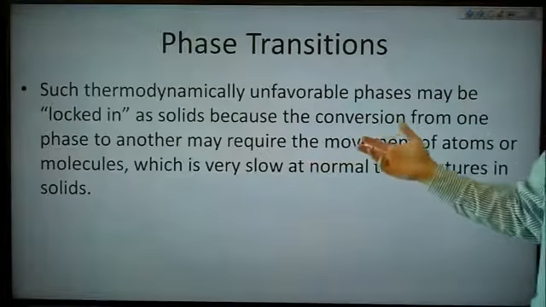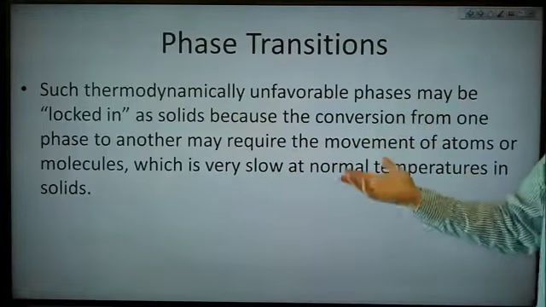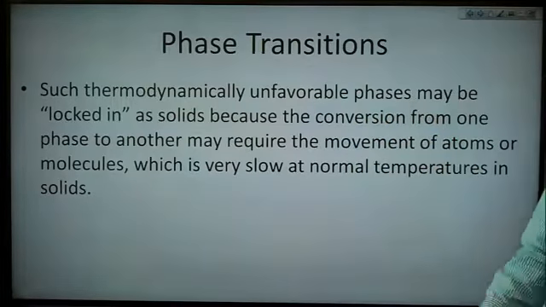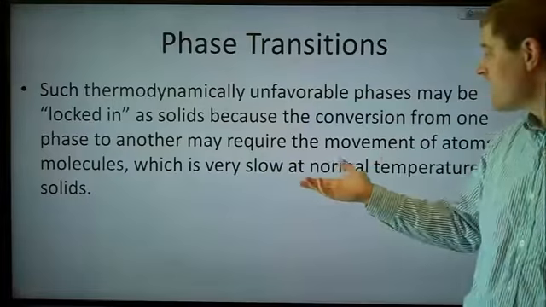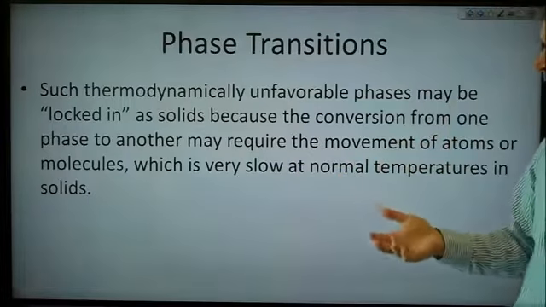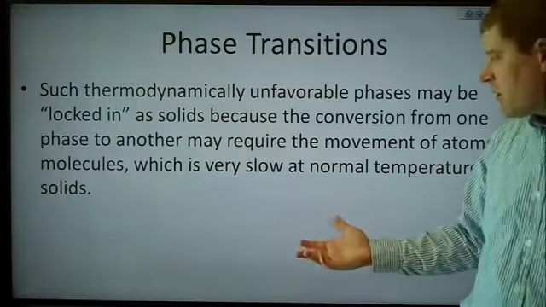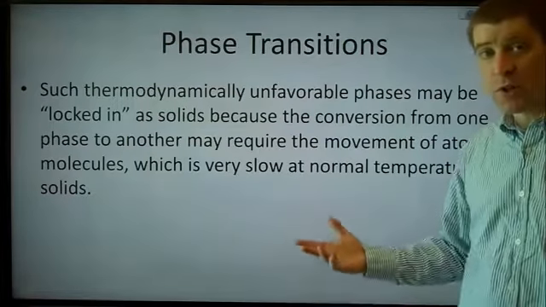Okay, so in such cases like diamond, these thermodynamically unfavorable phases may be sort of locked in as solids because the conversion from one phase to another may require the movement of atoms or molecules, which is really slow at normal temperatures in solids.